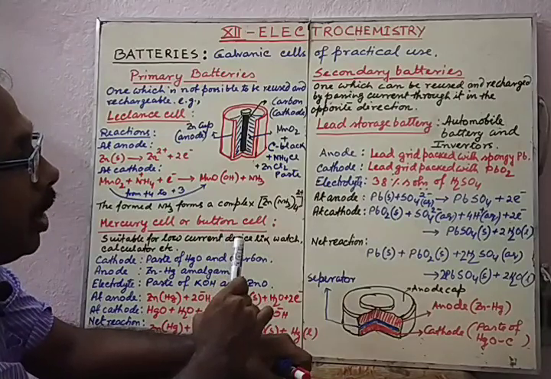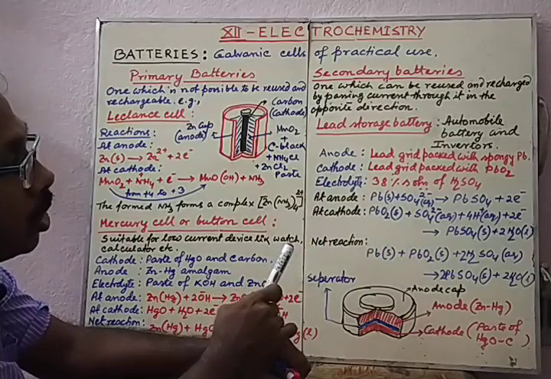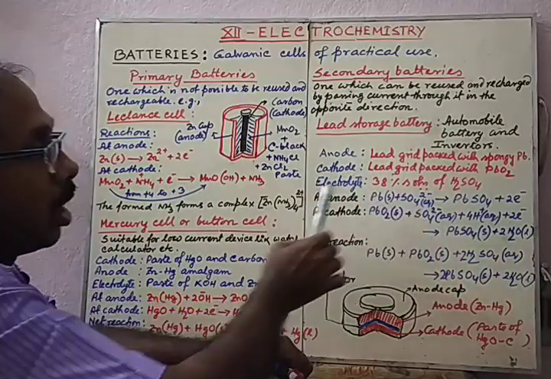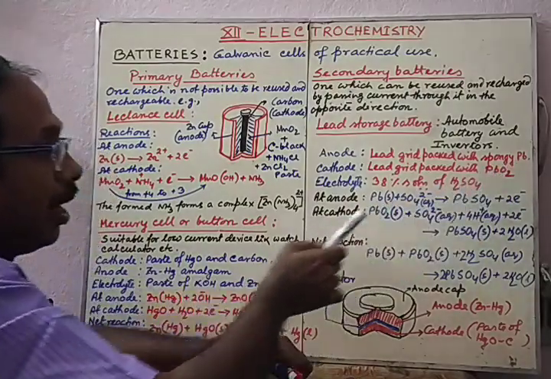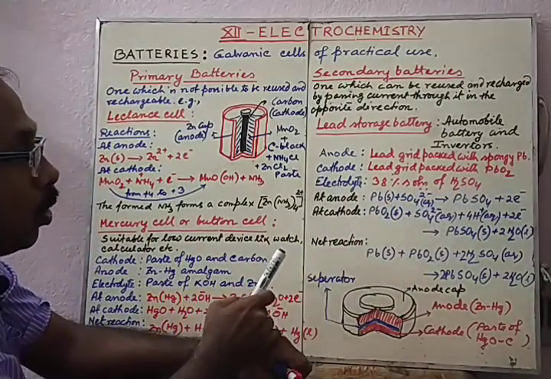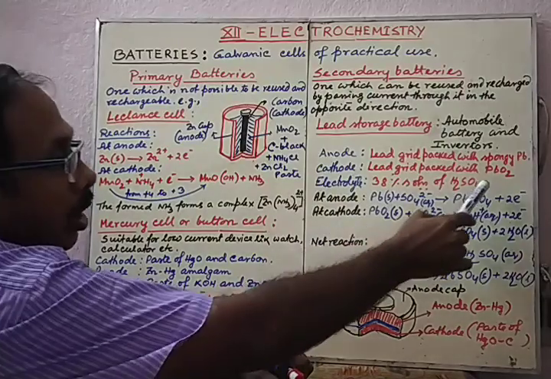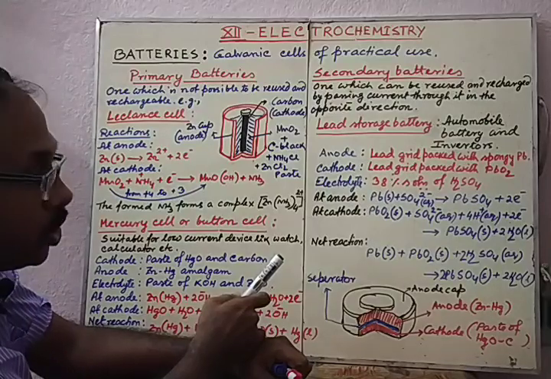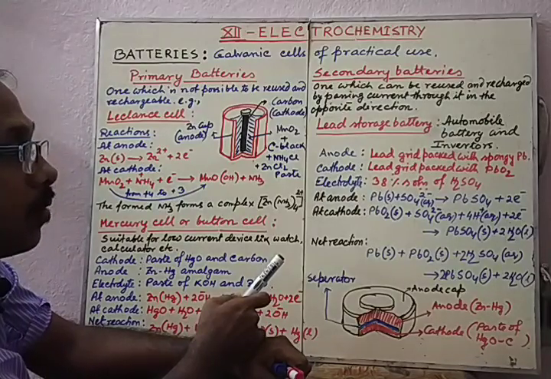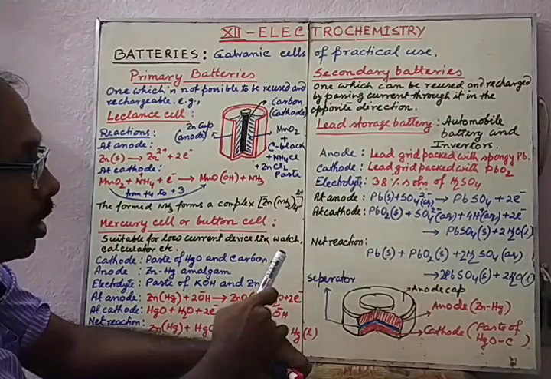Now it is made up of a container in which lead grids are there acting as anode, packed with spongy lead, and the cathode is also formed of lead grid packed with lead oxide, PbO2, and the electrolyte used is a concentrated sulfuric acid solution, 38% solution of sulfuric acid.